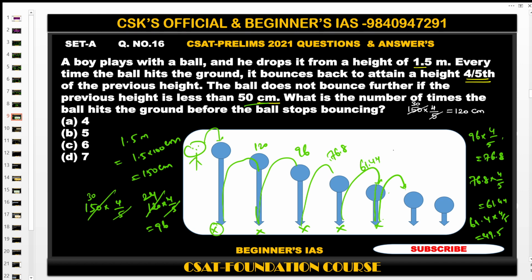Understand this: the ball does not bounce back further if the previous height is less than 50. Now the previous height is 49.5, so it is not bouncing back. In such a case, what is the number of times the ball hits the ground before it stops bouncing?